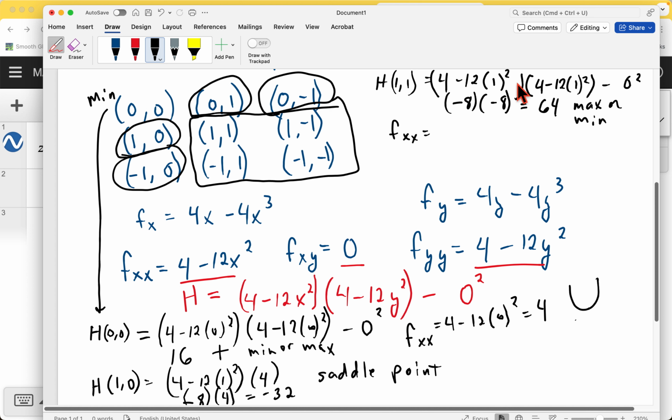We've actually calculated it as we went, it's going to be negative 8. A negative makes you frown, which gives us a max. These here are all maxes. These guys here are saddle points.